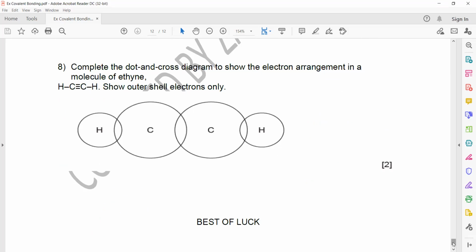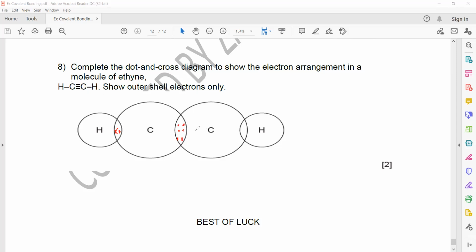And the last question: complete the dot and cross diagram to show the electron arrangement in a molecule of ethyne. So as you can see, there's a single line, which means I will draw a pair of electrons between the atoms. Triple lines mean 6 electrons, 3 from one and 3 from the other.